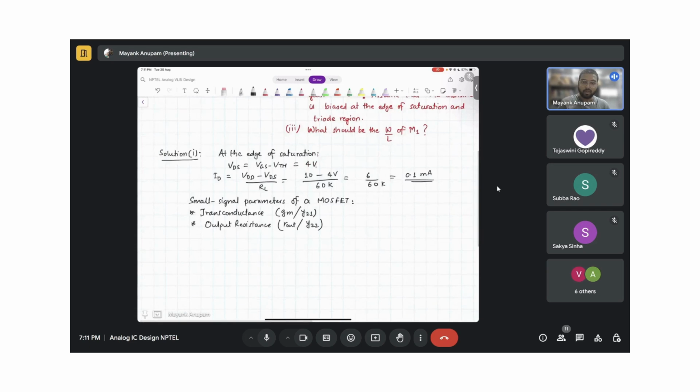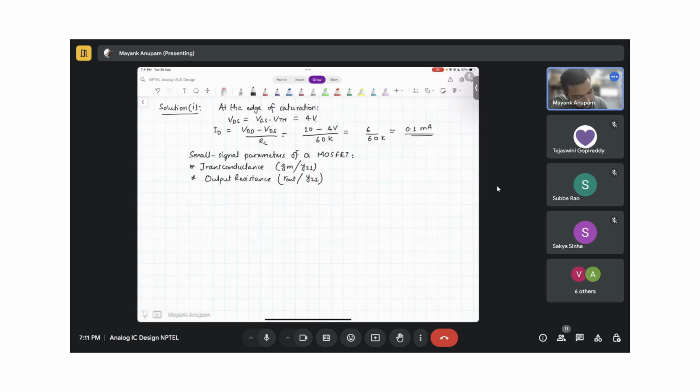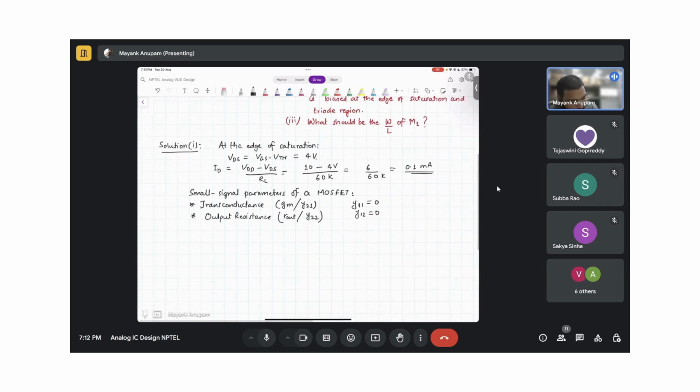These are the small signal parameters of a MOSFET. We know that for a MOSFET, Y11 is equal to 0, and Y12 is also equal to 0 for a MOSFET. We know that, correct? Fine. So what is transconductance Y21 or GM?